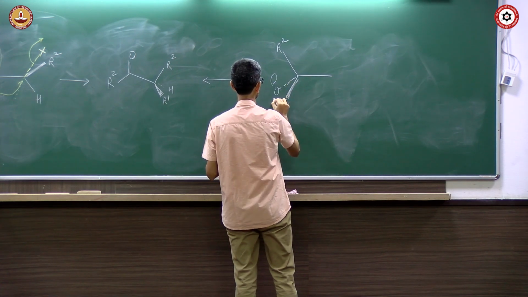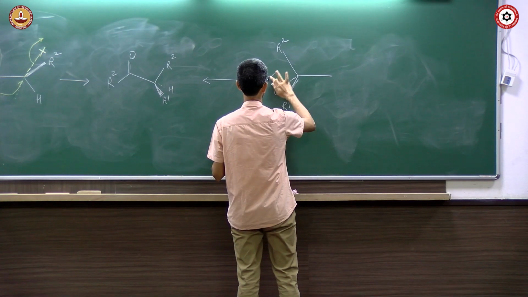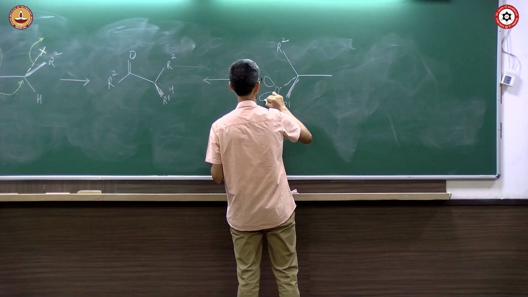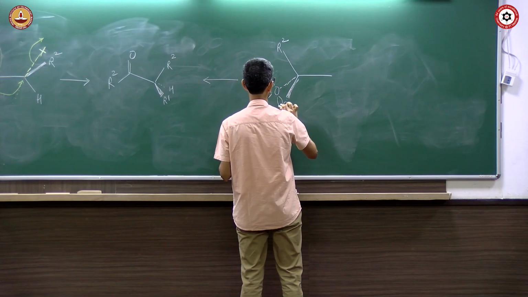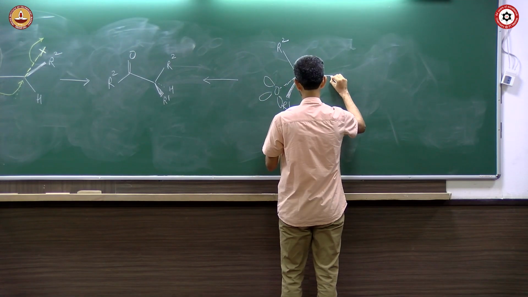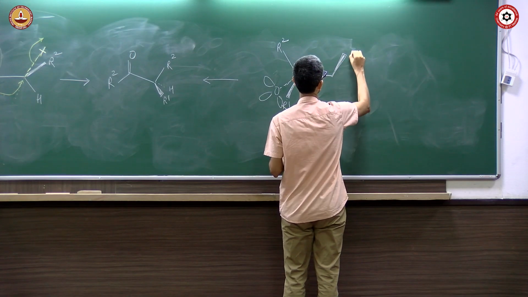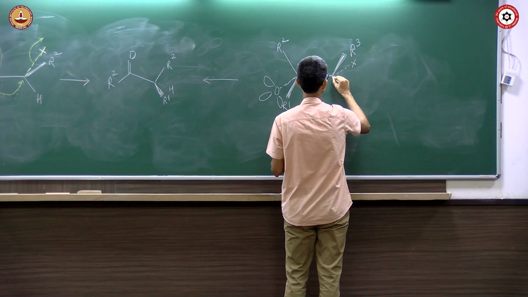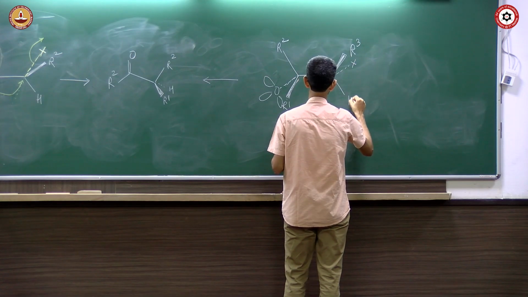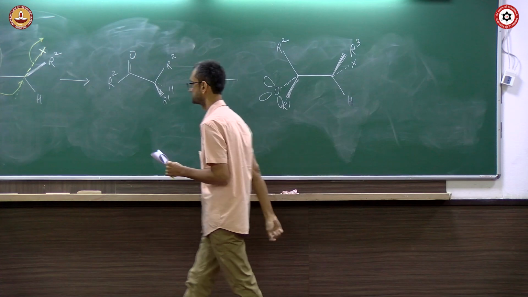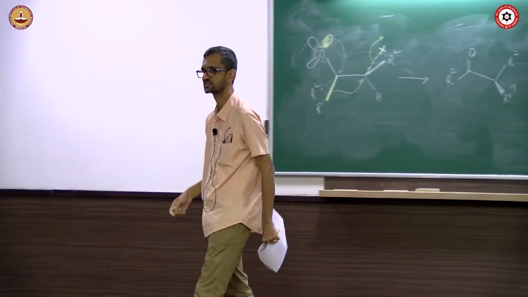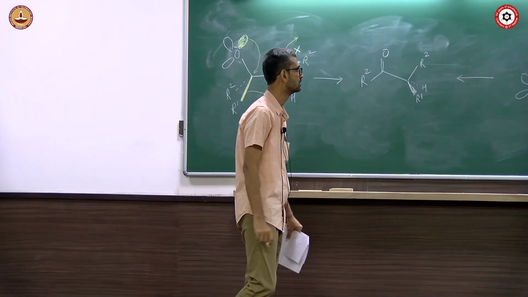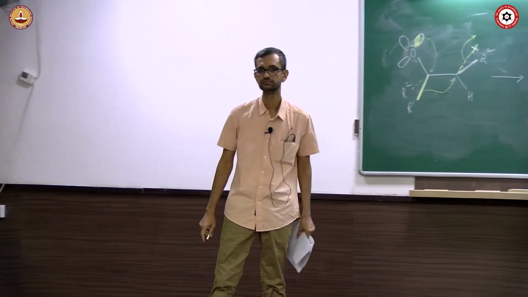So you have the lone pair, and here you have R3, X, H. Just reversing the scenario. Now, which is the migrating group?